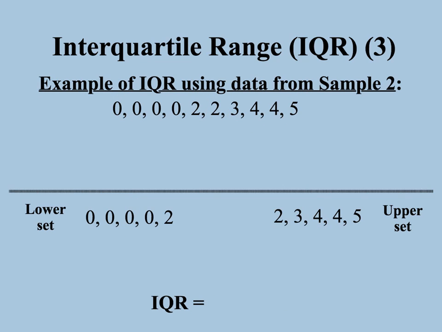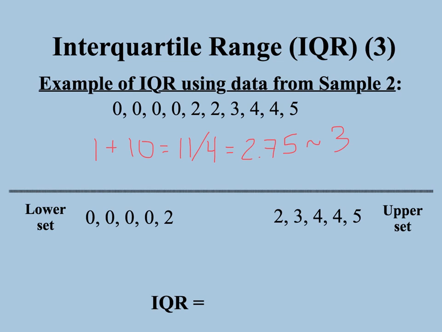Using the other method, if I were to add 1 to my total number of observations, or 10, I would get 11. Dividing 11 by 4 would get me 2.75, which, rounded to the nearest whole number, would get me 3.